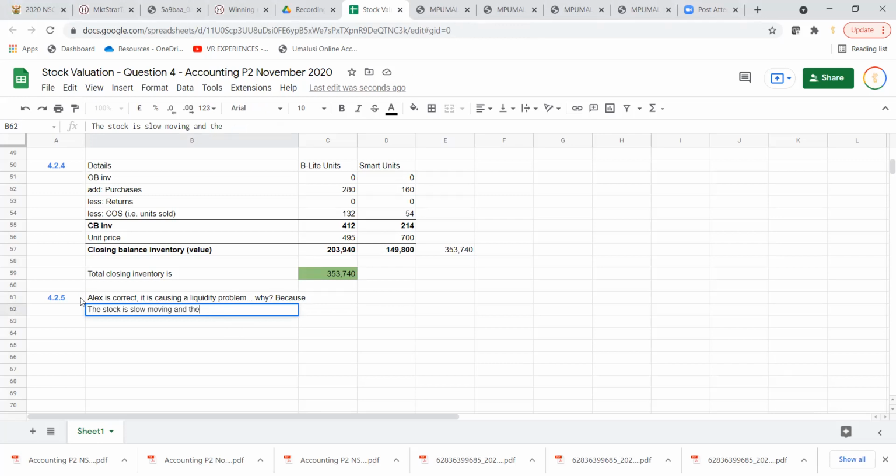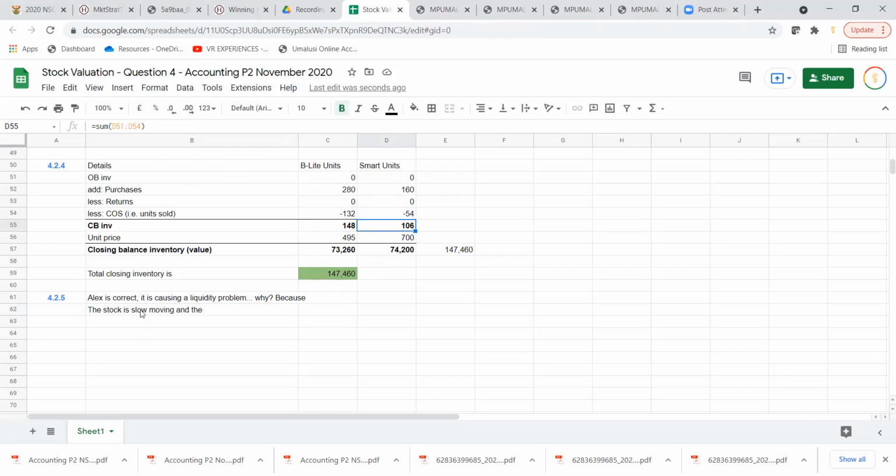You can see it is for gas stoves. Something's not right here. So this sales must be 132, and this must be minus. Okay, so there we go.